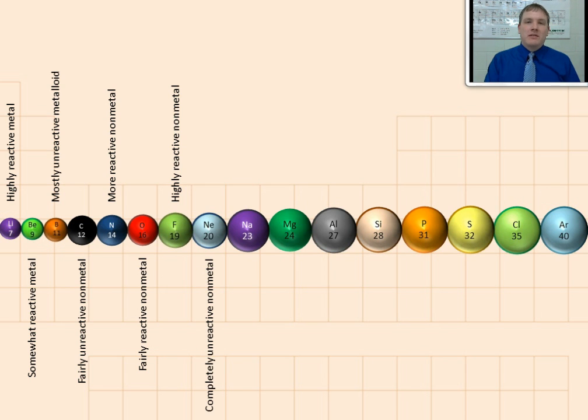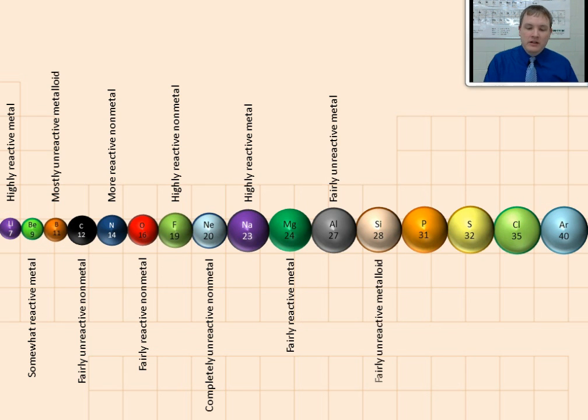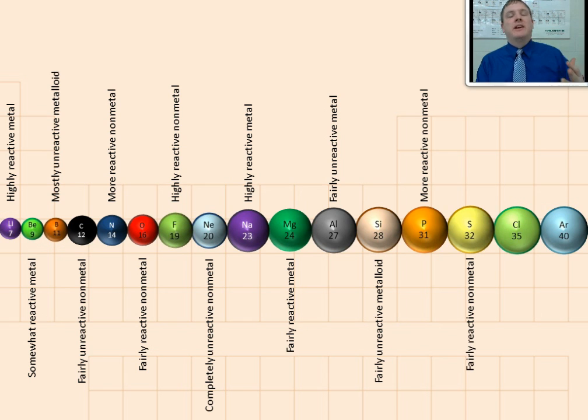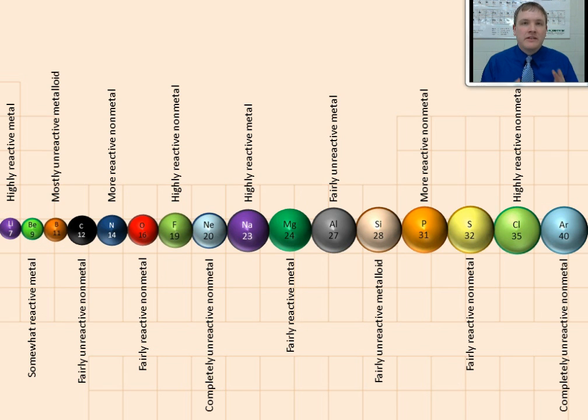Next, we have sodium, which seems to start repeating that cycle of properties that I just went through. It's a highly reactive metal. Magnesium, a metal, but not as highly reactive. Then we have a fairly unreactive metal, a metalloid, a nonmetal that's kind of reactive, a nonmetal that's more reactive, a nonmetal that's extremely reactive, and then a substance that's not reactive at all.